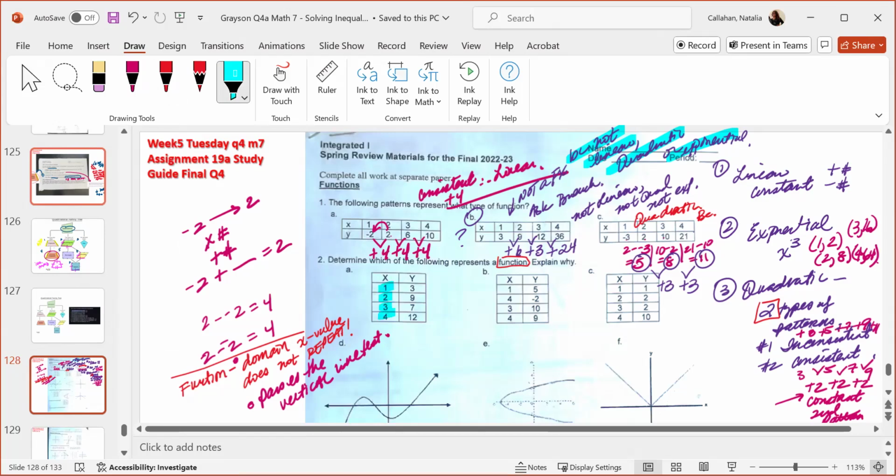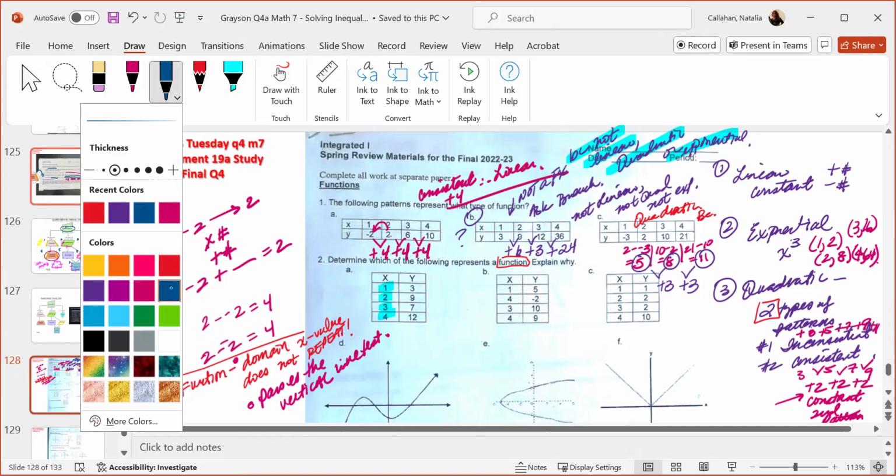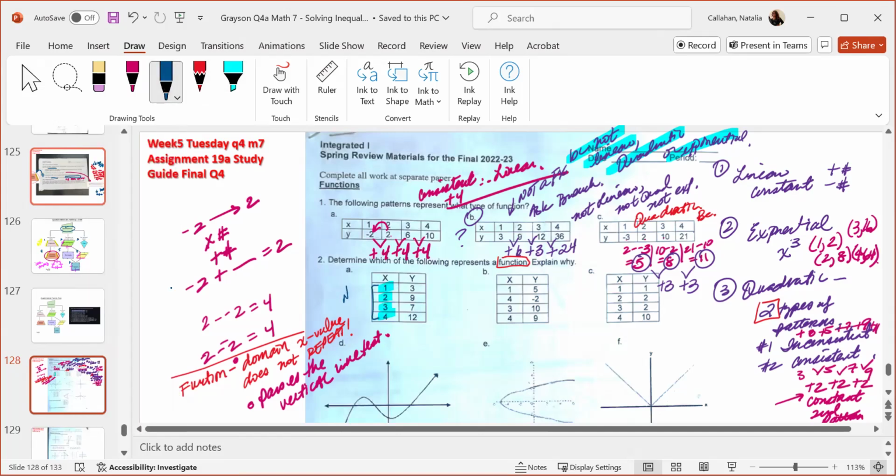Does the x value here repeat? No. X doesn't repeat. So if it doesn't repeat, therefore it's a function. So yes, function. Take a look over here on this x value. Does the x repeat?